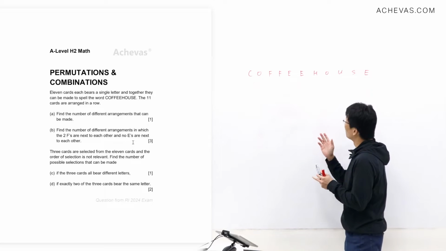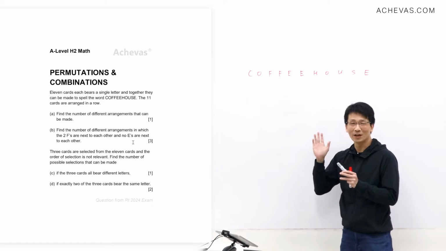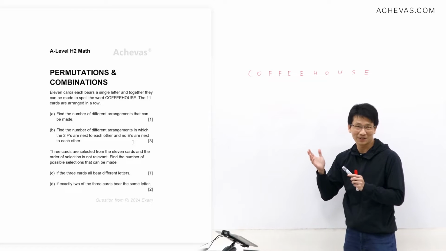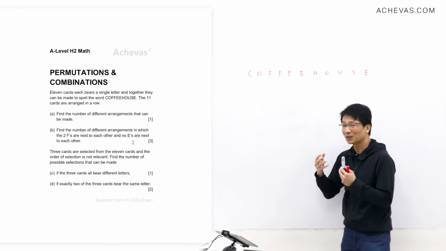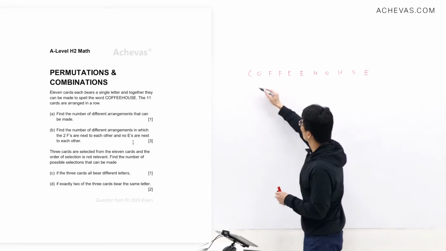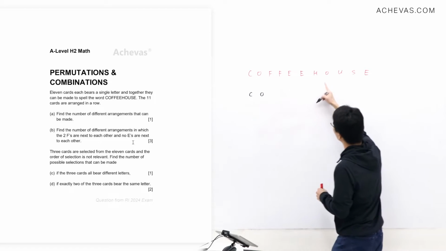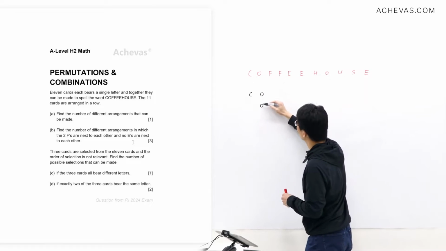Usually for questions which comprise a fairly long word, especially with repeated letters, I will try to reorganize this information into a different format. So we will have a C, O, and we can see O is repeated, so I'll just write below here.